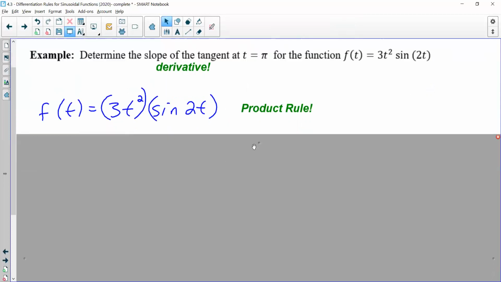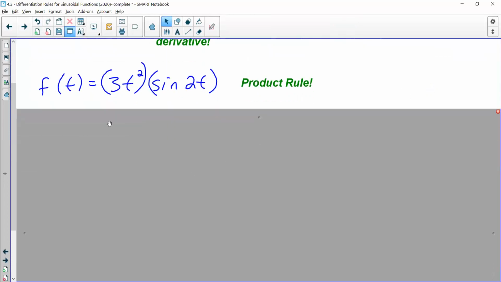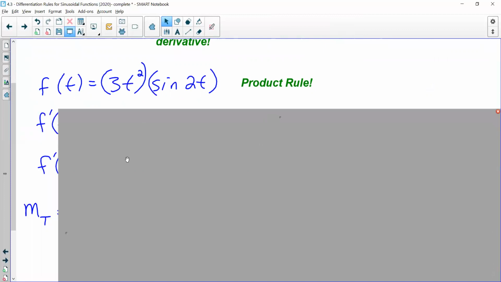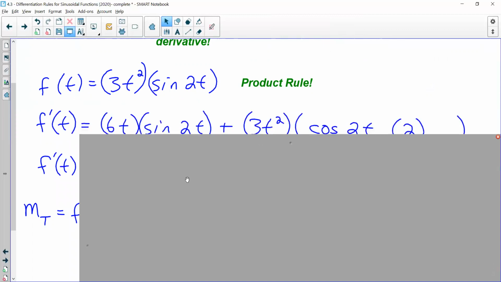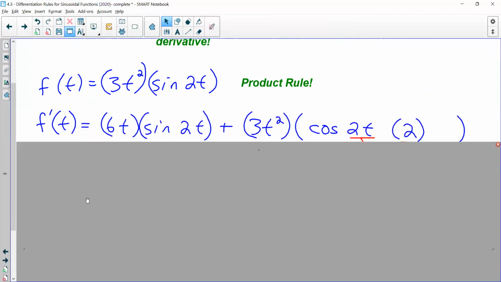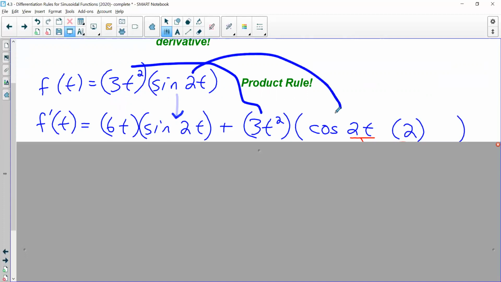So that's not too bad. Just again, you got to be patient. So derivative here, f at t would be f at t prime, right? And then let's see if you can follow what's going on here. So we have the derivative of f prime, g, and then we've got f, and then g prime.